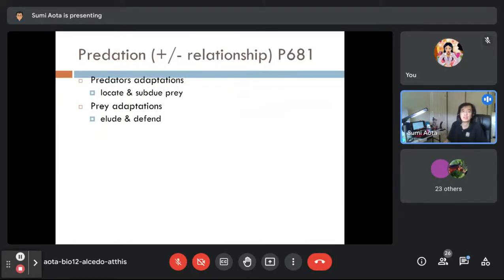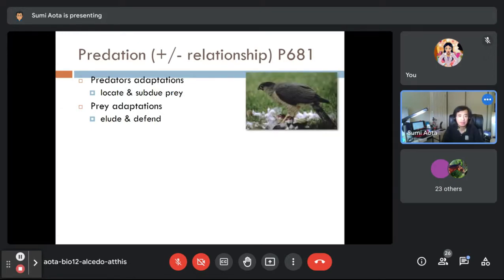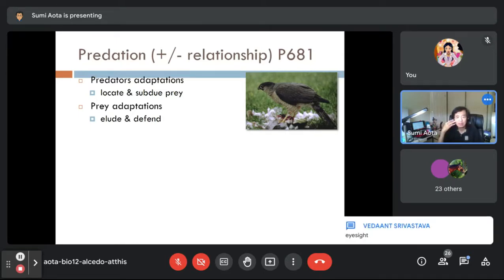Okay, predator-prey relationships. The adaptations that predators have is to locate and subdue their prey. So what do predators have? Okay, looking at this raptor, what are some of the adaptations that it has to help it locate and subdue prey? Okay, but what kind of eyesight?